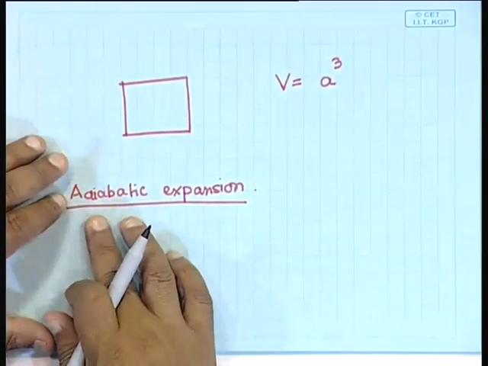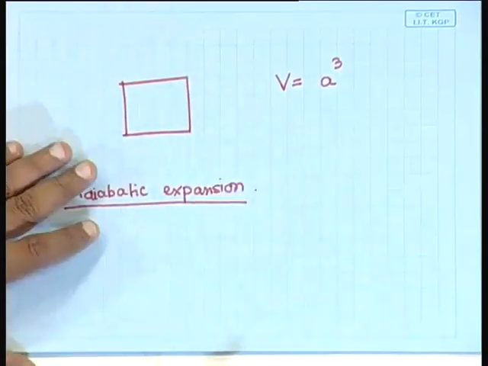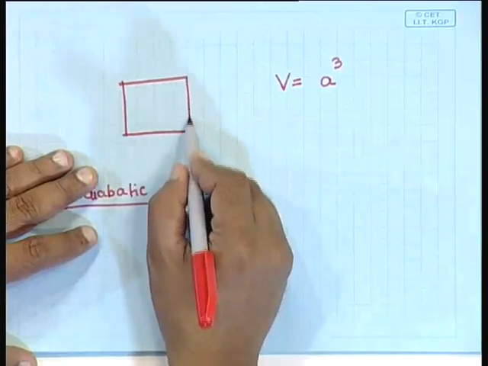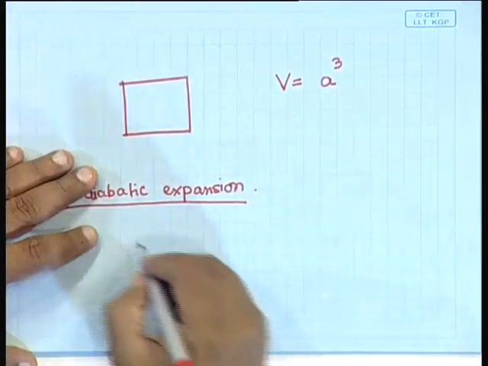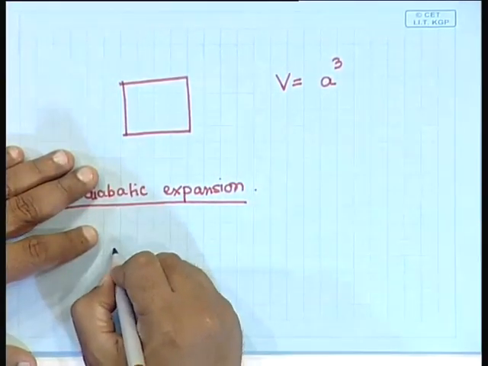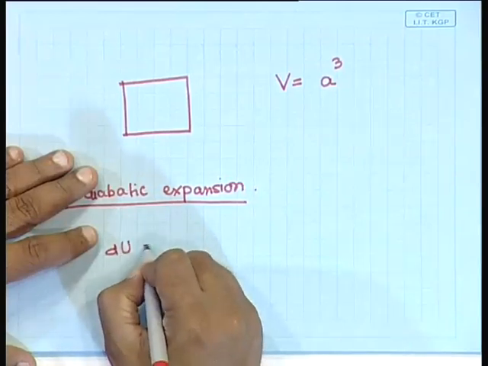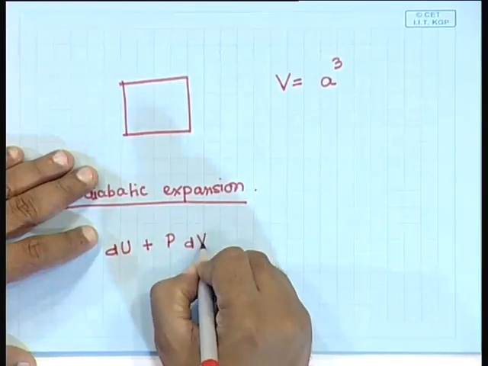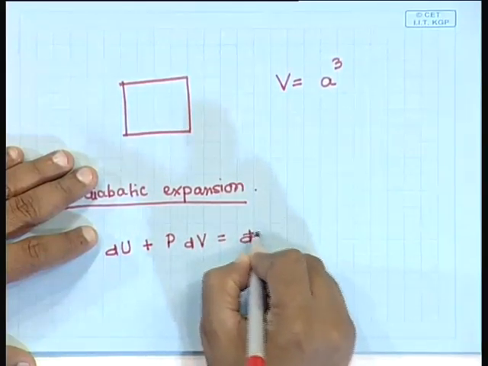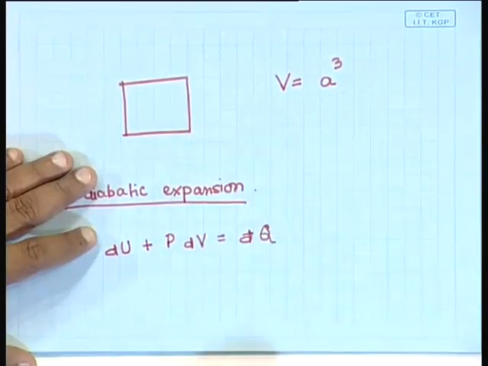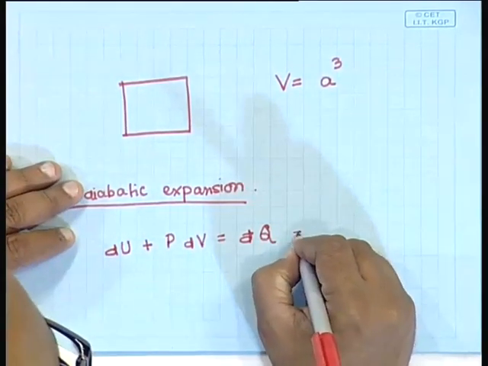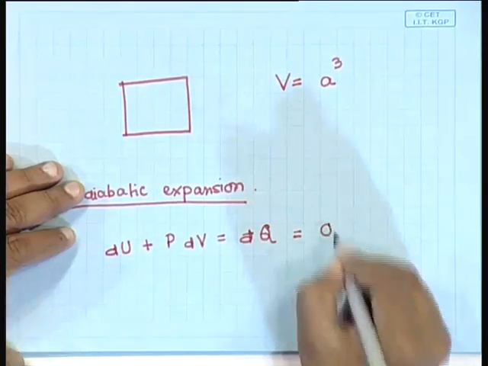Now, we know from the first law of thermodynamics that for this volume, dU plus P dV is equal to the heat that flows in or out, and if it is adiabatic expansion, then this has to be 0.